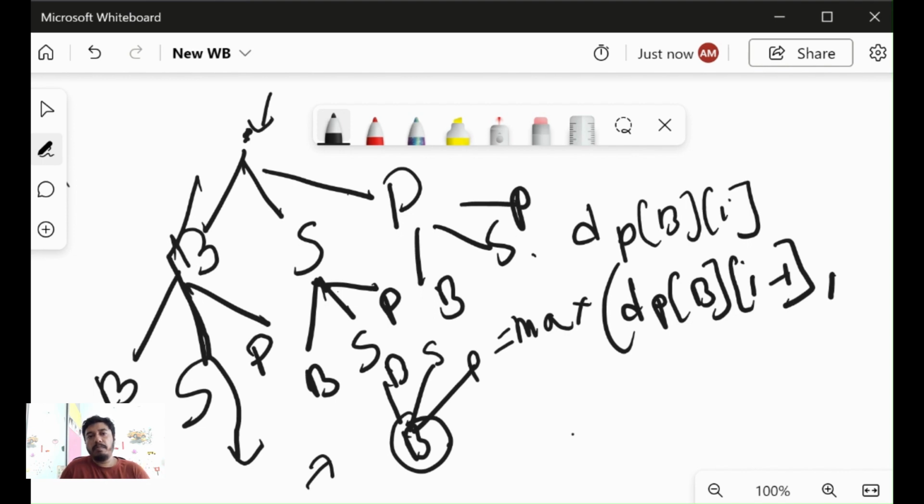According to the first problem statement, I am allowed to only buy and sell the stock once. That means I am not allowed to sell and then buy again, because that means I'm doing two transactions.